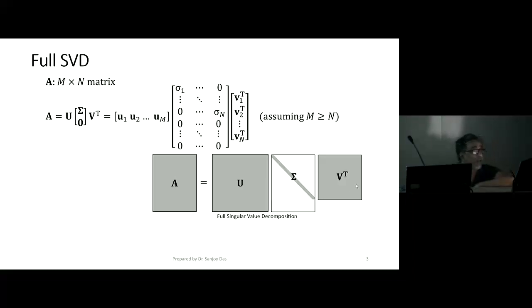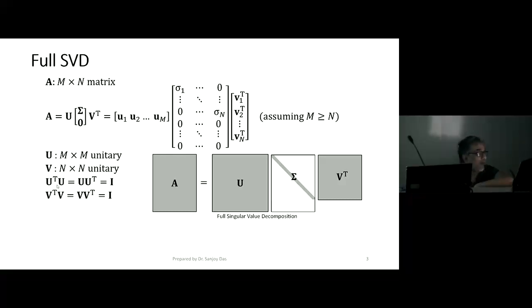And this is V transposed. If V1 through Vn are the columns of V, then V1 transpose through Vn transpose are the rows of V transpose. U is an M by M unitary matrix, and V is an N by N unitary matrix.